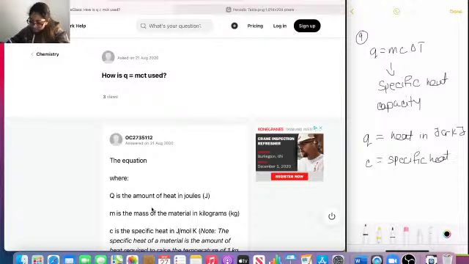And in this case, the units for this is joules per mole Kelvin.